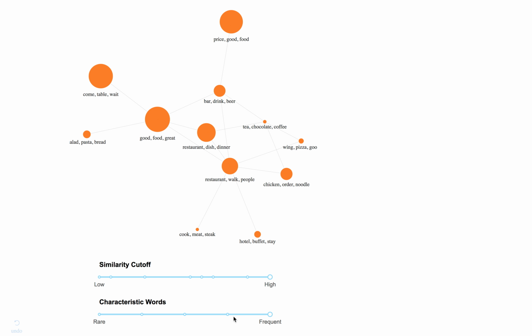Apart from that, we also have another slider which helps us play with the various words which describe each topic. For example, if you keep it at rare, you can see that the fine dining topic is represented by anniversary, romantic, and Brussels sprout.